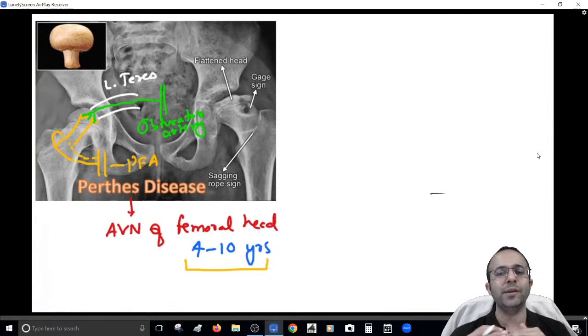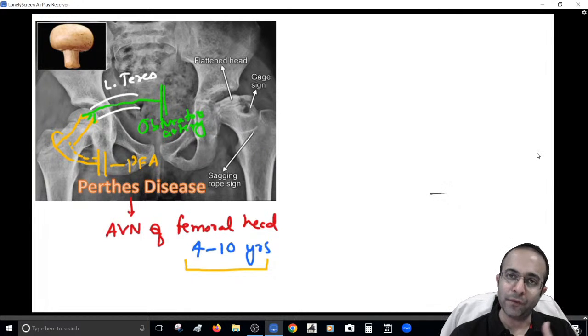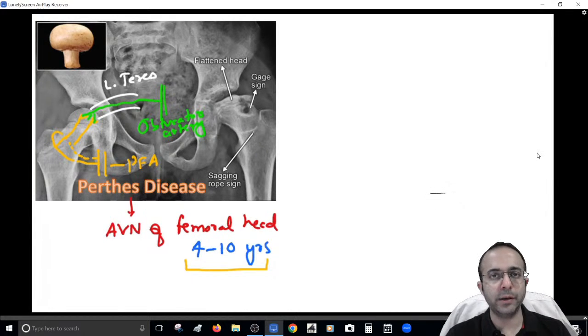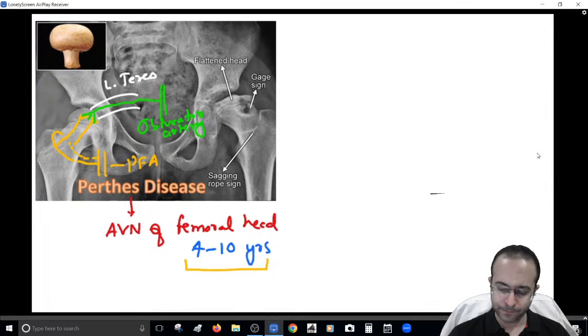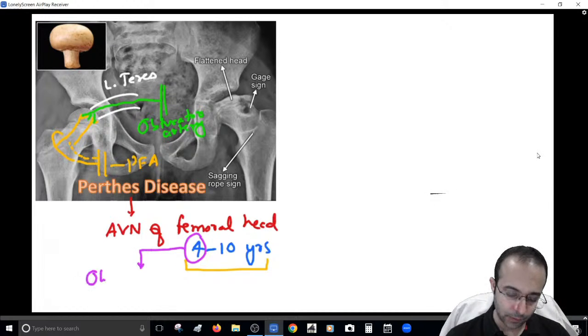So basically hip joint has a dual kind of a supply pattern, little bit from the profunda femoris, little bit from the obturator artery. But please, when you are under the age of 4 years, it is obturator that is the dominant system. When you cross the age of 10 years, it is profunda femoris that mainly takes over.